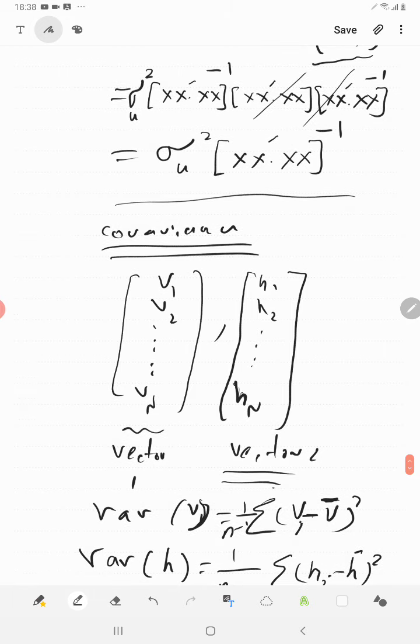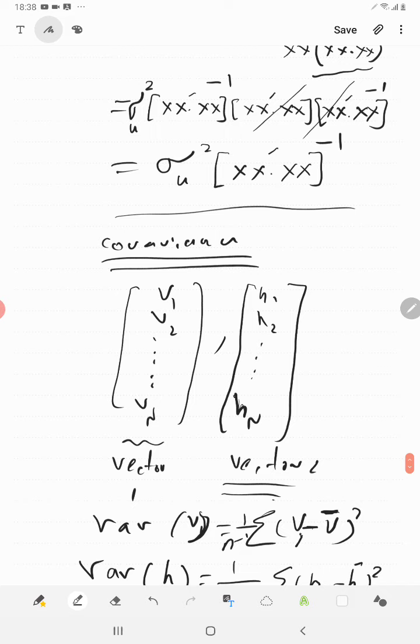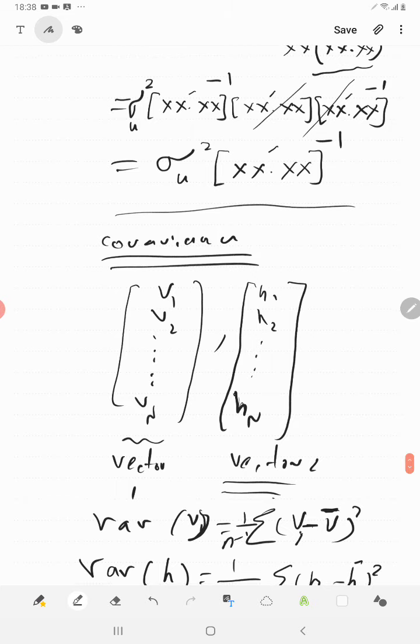This is a matrix, and we have another matrix with it, which is vector u2 minus its mean of u2. How you calculate it, I'll show you.